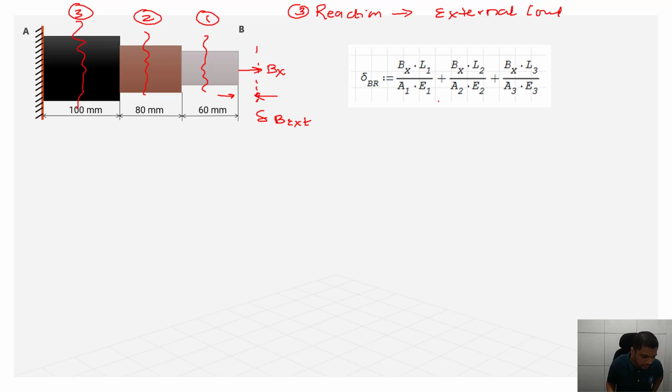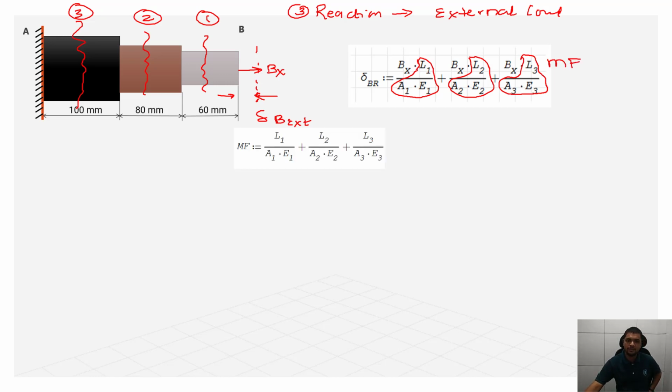Right, so here let's take Bx common, and let me write these parameters as a multiplication factor. So I can write the multiplication factor as L1 upon A1 E1 plus L2 upon A2 E2 plus L3 upon A3 E3.